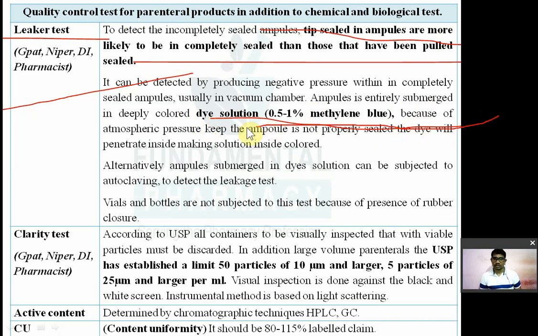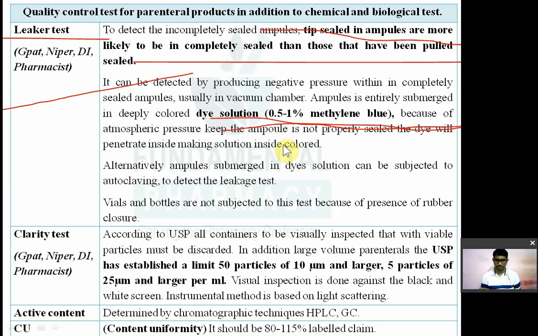If you take these ampoules and keep them in a vacuum along with the solution, what will happen? Due to negative pressure inside the ampoules, the dye will penetrate inside the ampoule and make the solution colored. So those ampoules which are colored are incompletely sealed.